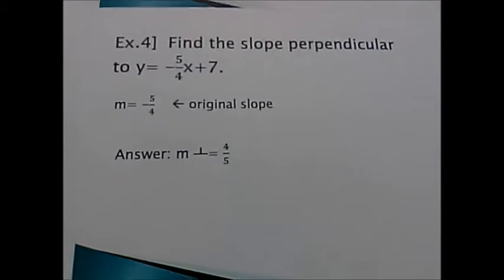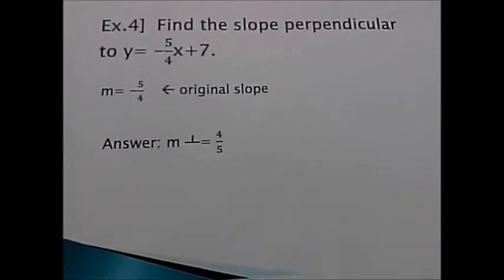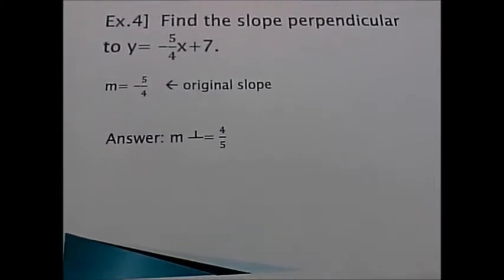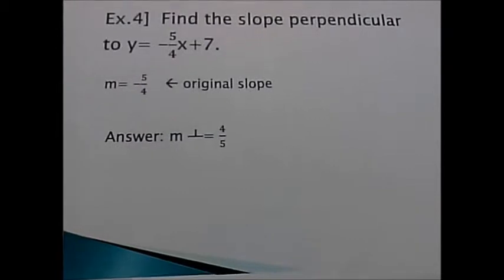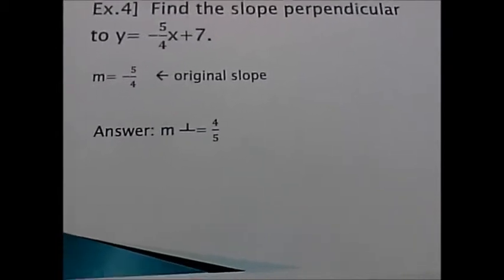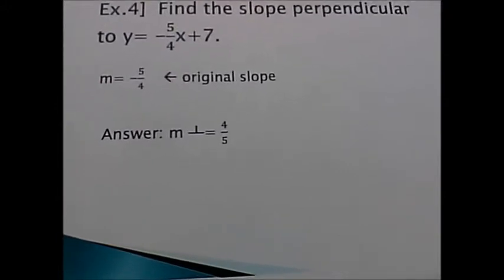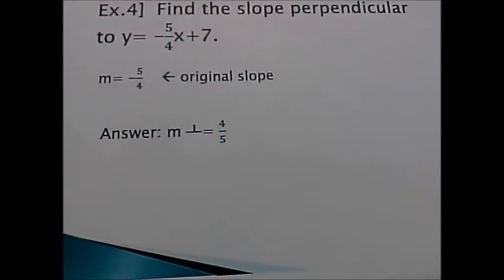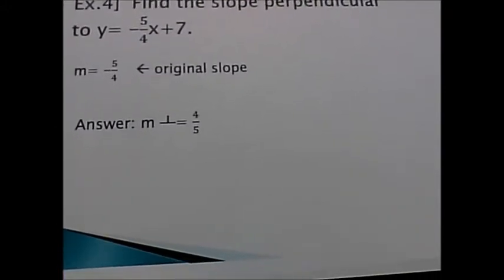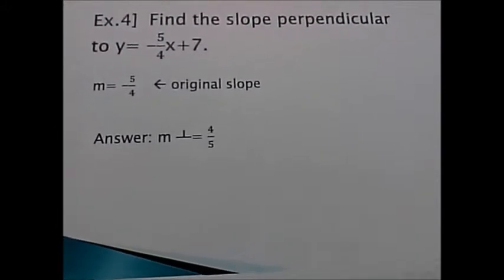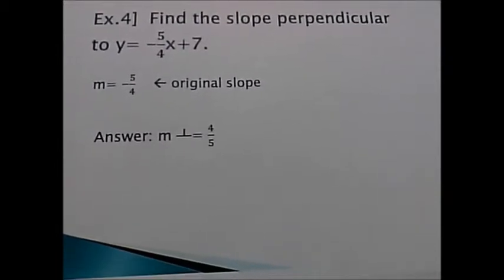Example 4. Find the slope perpendicular to y equals negative 5 over 4x plus 7. Right there they're already giving you the slope in the line, so the original slope is negative 5 over 4. When you're trying to find a perpendicular slope, it's just going to change into the opposite reciprocal.